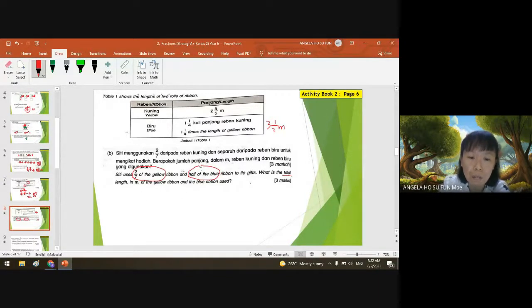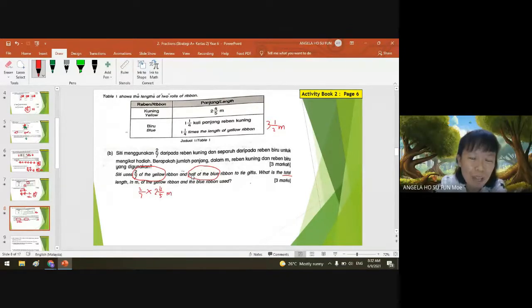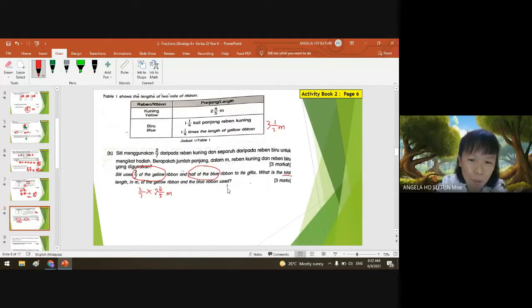So first of all, I'm going to do 2 over 7 of yellow. Yellow is 2 and 2 over 5 meter. I'm going to calculate this one for yellow. And then half, what does it mean by half? Anyone can tell me what is the fraction represented by half? Yes, it is 1 over 2.